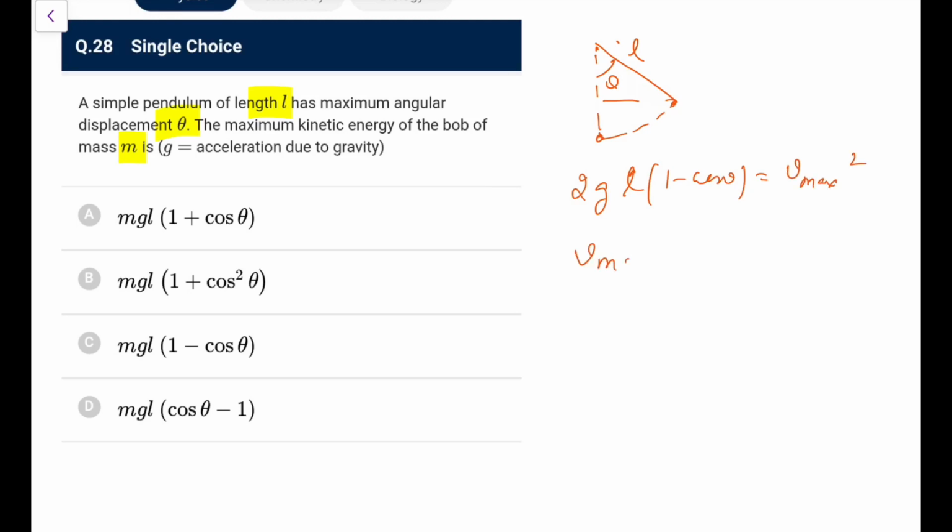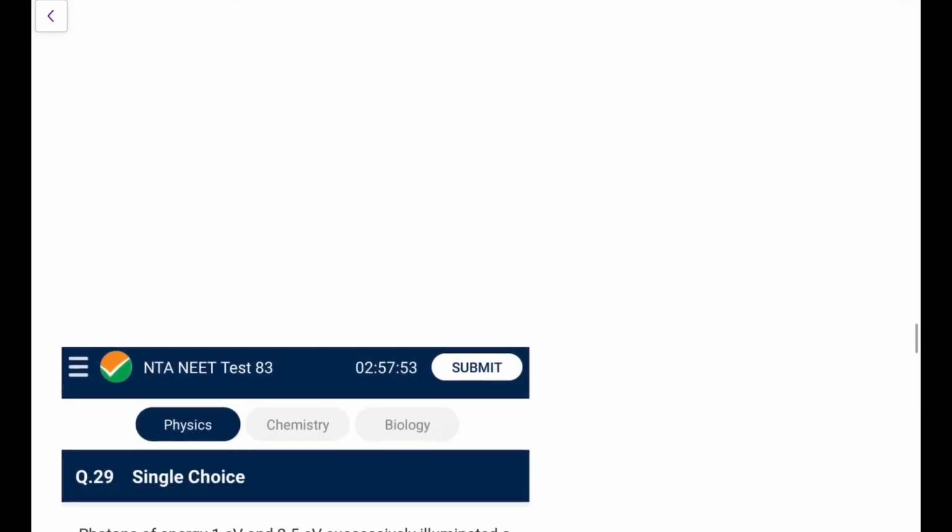Kinetic energy we are asked, so kinetic energy would be half m v max square. You can directly go with potential energy also. That would be mgL(1 minus cos theta). So this is going to be the answer. We'll go for option C, direct energy conservation.